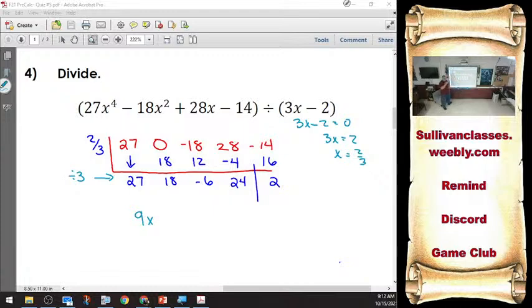Cubed, because I took a quartic and divided it by x to the first. So 9x to the third plus, divided by 3, 6x squared divided by 3 minus 2x divided by 3 plus 8. What do I do with my remainder? Okay, plus 2 over 3x minus 2.